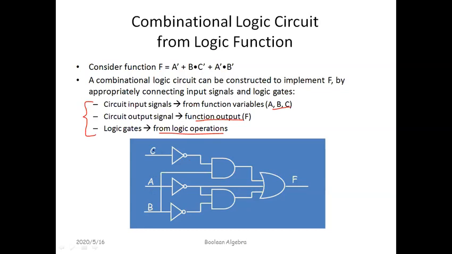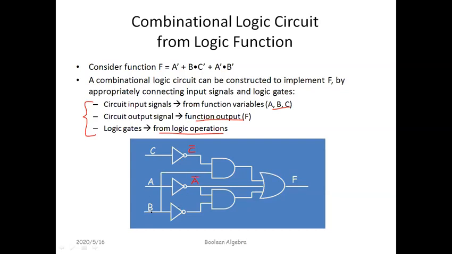So let's look at input C. Input C is fed to a NOT gate. So at the output here, we expect C bar, because this is an inverter. It's simply inverting whatever is being fed into it. Then we have A. A is also being fed into an inverter. So at the output of the inverter, we'll have A bar.